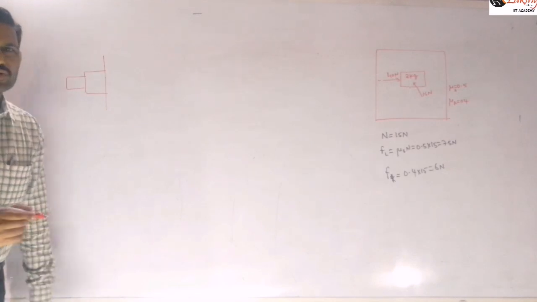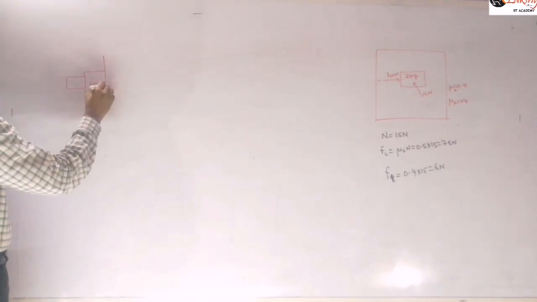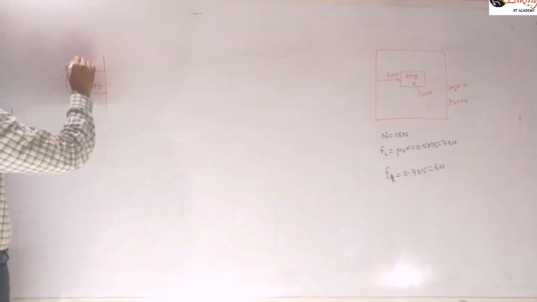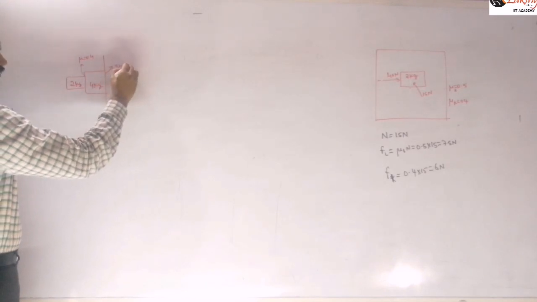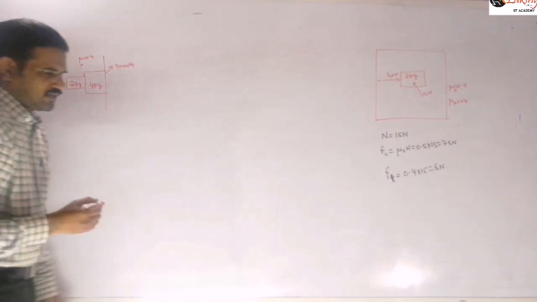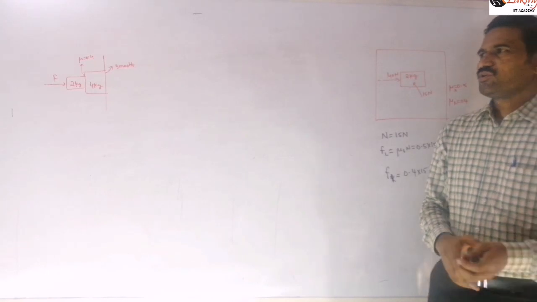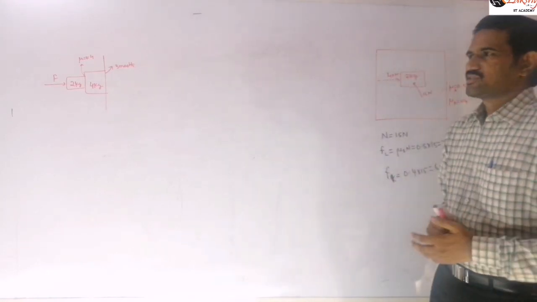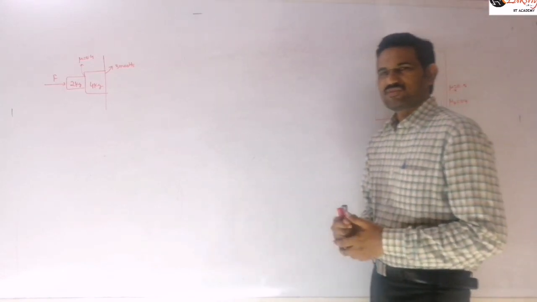That means two blocks are there, for example a 4 kg block and a 2 kg block, and the coefficient of friction here is given as 0.4, and this is a smooth wall, and we are applying some force F here. Now the question is how much force is required to keep the two blocks in equilibrium. Can you say how much force is required?